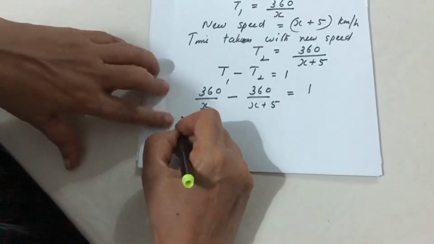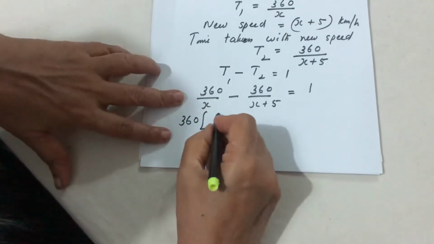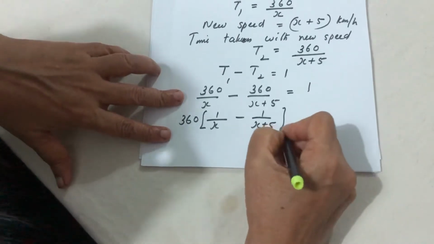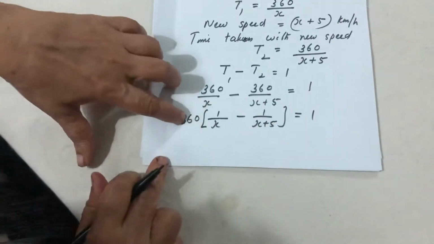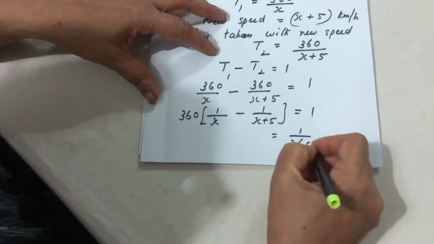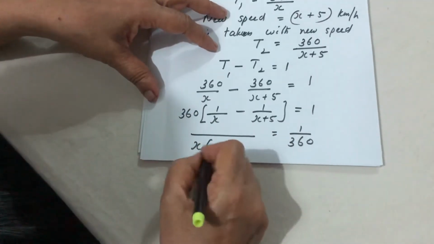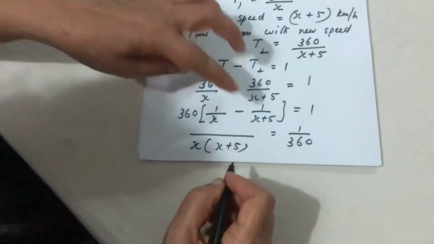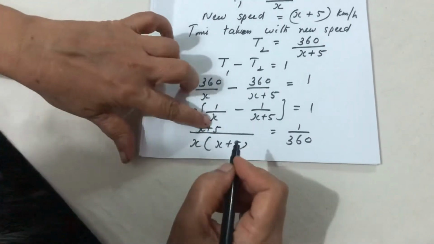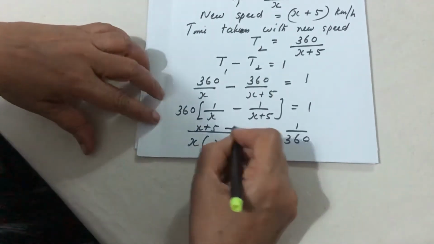So I am taking common factor 360 out. 1 by x minus 1 by x plus 5 equal to 1 by 360, taking the 360 to the right side. Here LCM is x into x plus 5. 1 into x plus 5 will come here, and x into 1 is minus x.